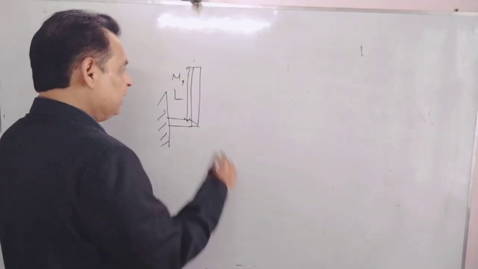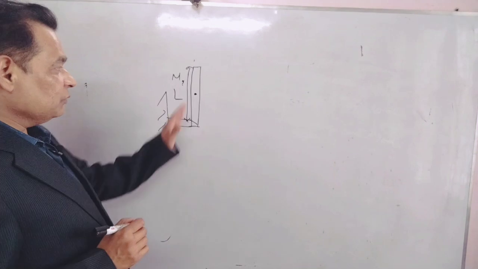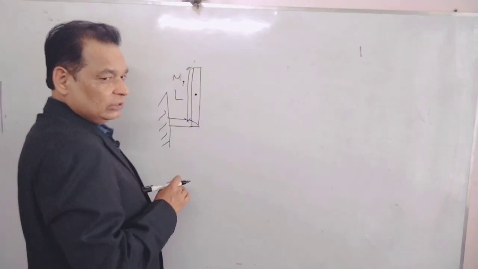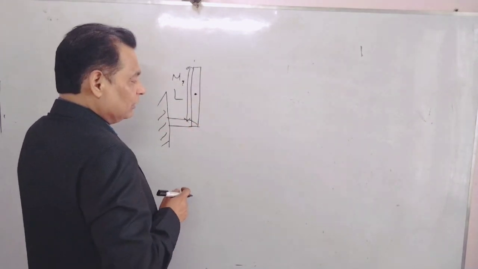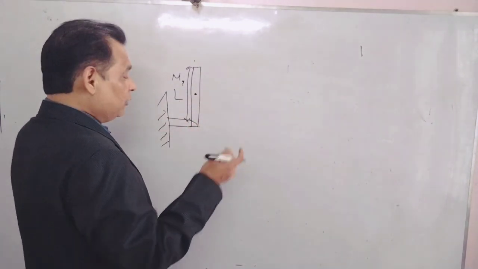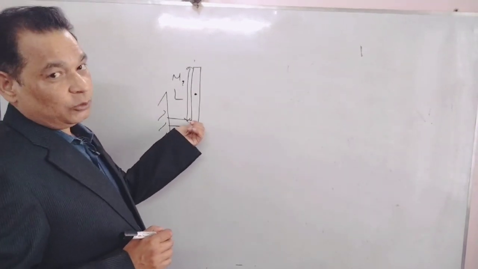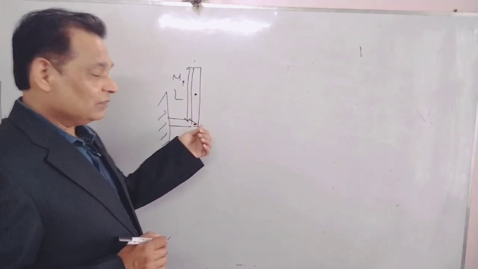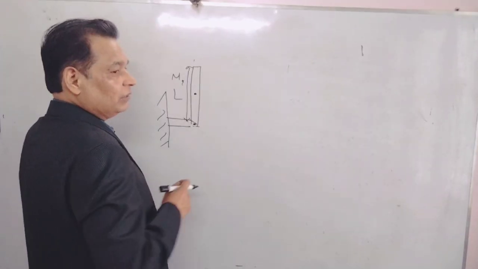Its center of mass lies at the midpoint of the rod. Initially it's vertical. After disturbing it from the vertical position, giving a very small angular displacement towards the right, it will fall down and rotate about this fixed axis. Here the axis is fixed, because our topic is rotational dynamics about a fixed axis. The center of mass is falling down.